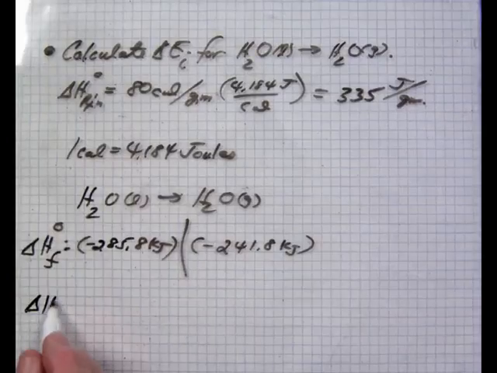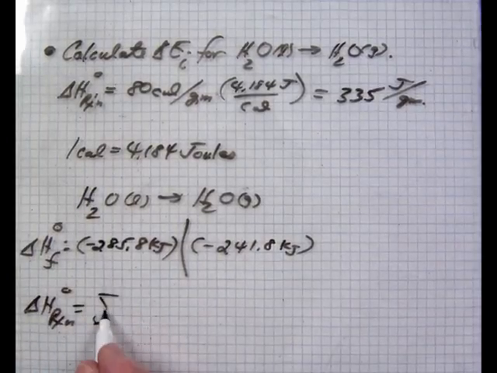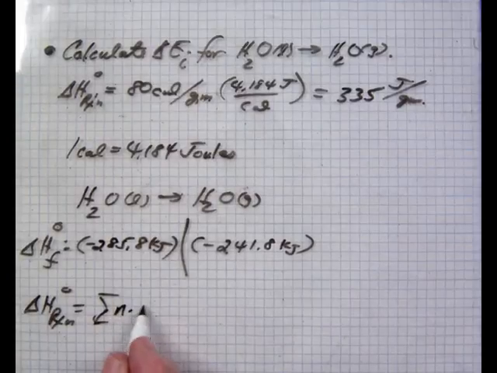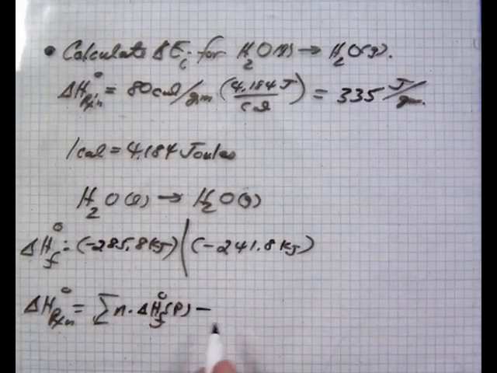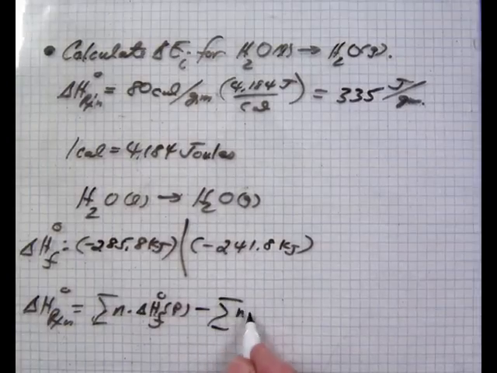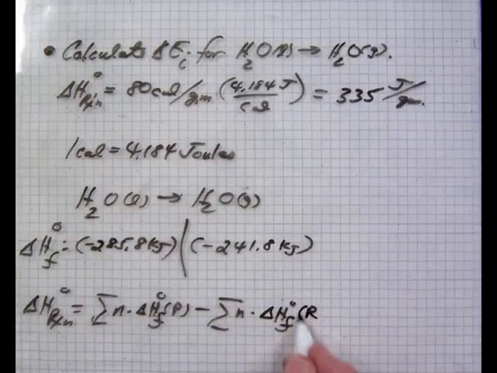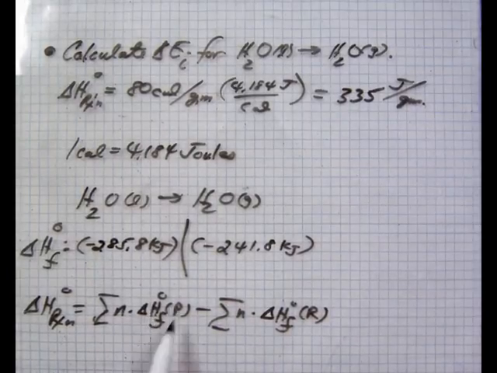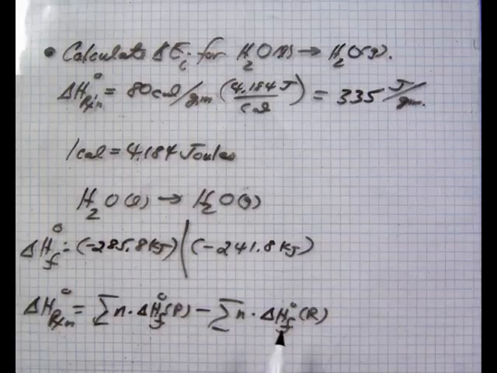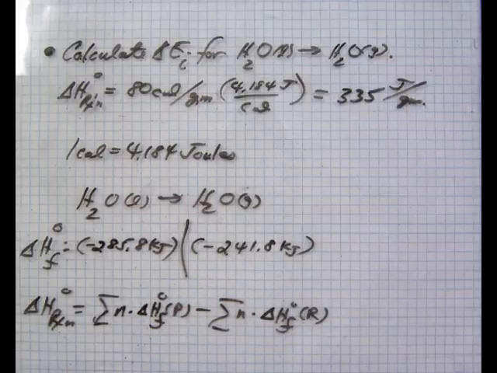So the delta H of the reaction by Hess's law says that I add up the delta Hs for the products and subtract from that the delta H of the reactants. Well, we only have 1 item on each side, so that makes it real easy.